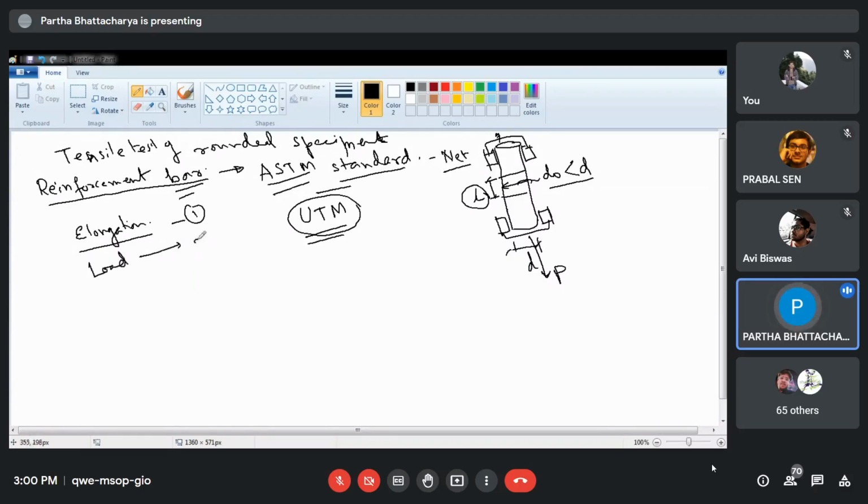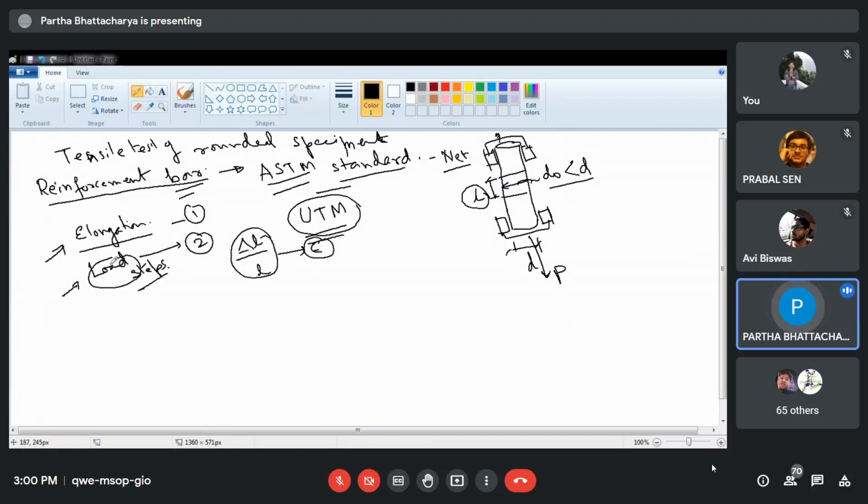The load versus elongation, both the loading as well as the associated elongation for a given load step. So for each load step, we have to measure the elongation, and delta L is the elongation, original length is L. So this will give you the strain value of the specimen.